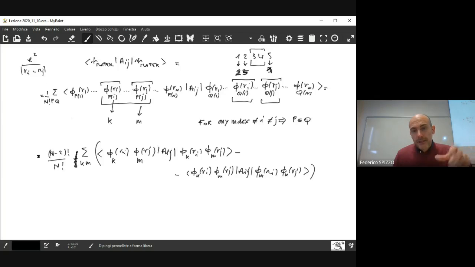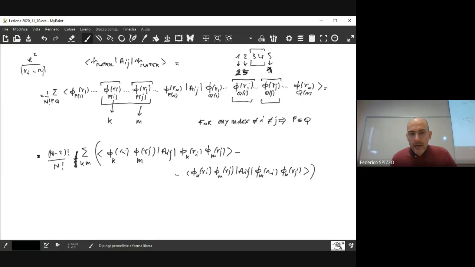Due to the fact that the structure of this two-body operator does not depend on the indexes, but just on their values, nothing changes if you remove i and j and put there n and l, for instance.